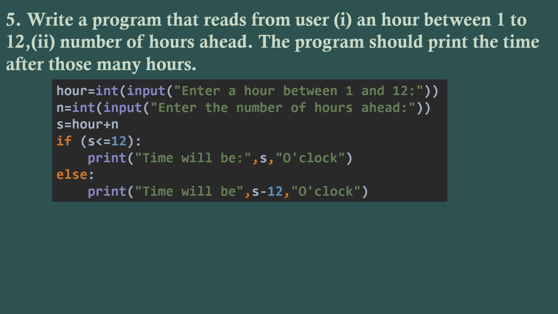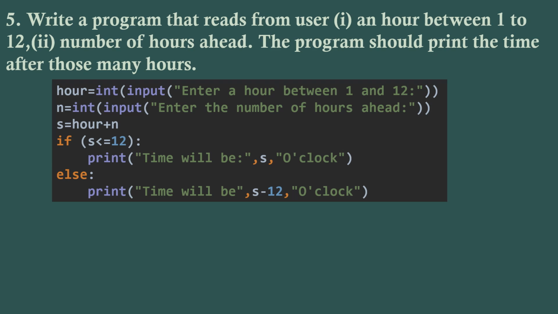Now n is another variable, that means the number of hours ahead. The user has to enter the number of hours ahead, and that will be stored in the variable n. So we will just add these two hours. So s is a variable which will store the addition of these two, hour plus n.